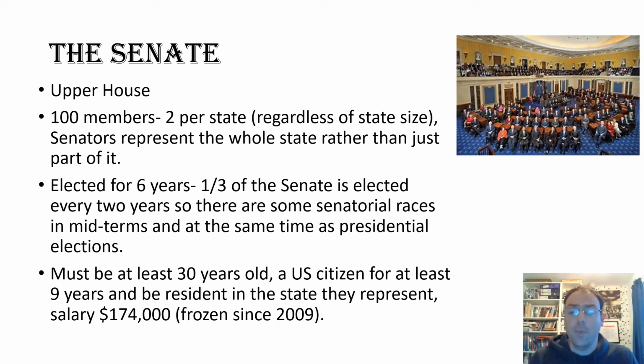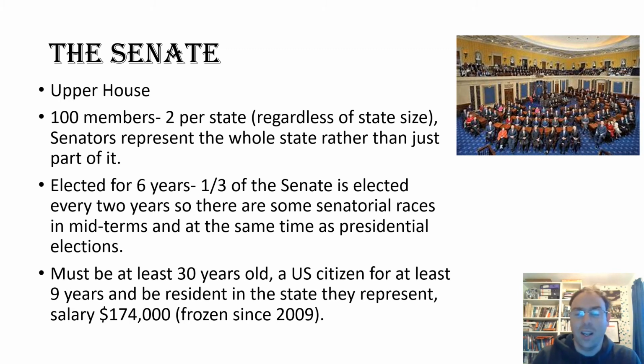The Senate is the upper house, has 100 members, 2 per state, regardless of state size. So somewhere like California has 2 senators but has 53 members of the House, whilst Alaska has 2 senators but only 1 member of the House.